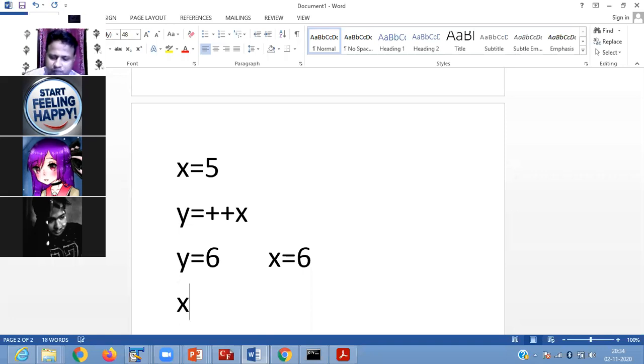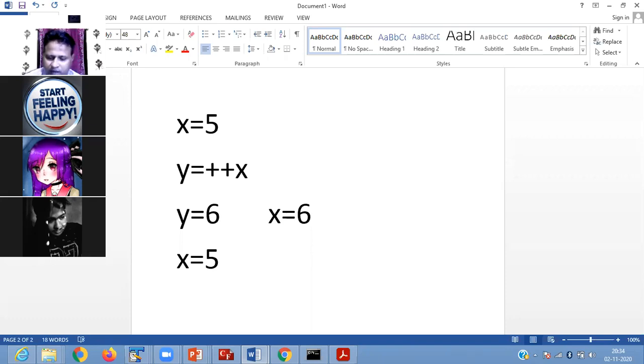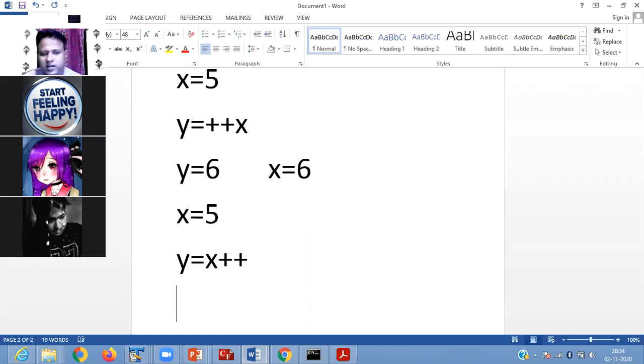Then if my x value is 5 and I write y equals x plus plus, now tell me what is the value of y and what is the value of x here.